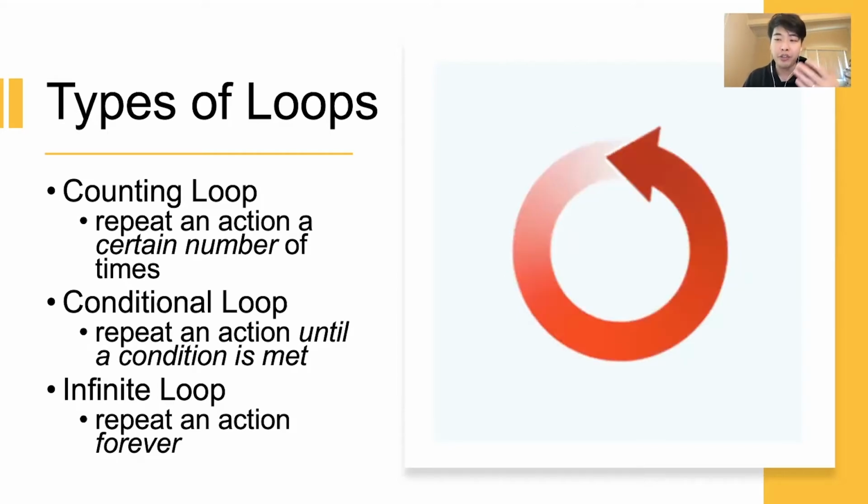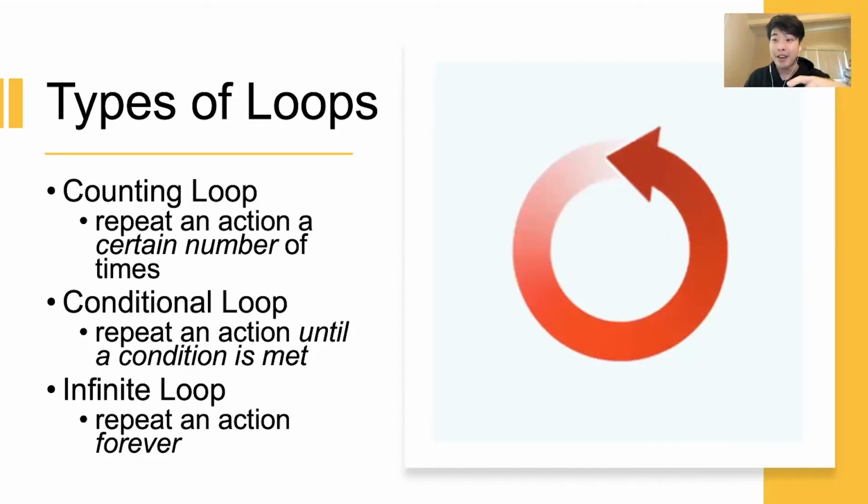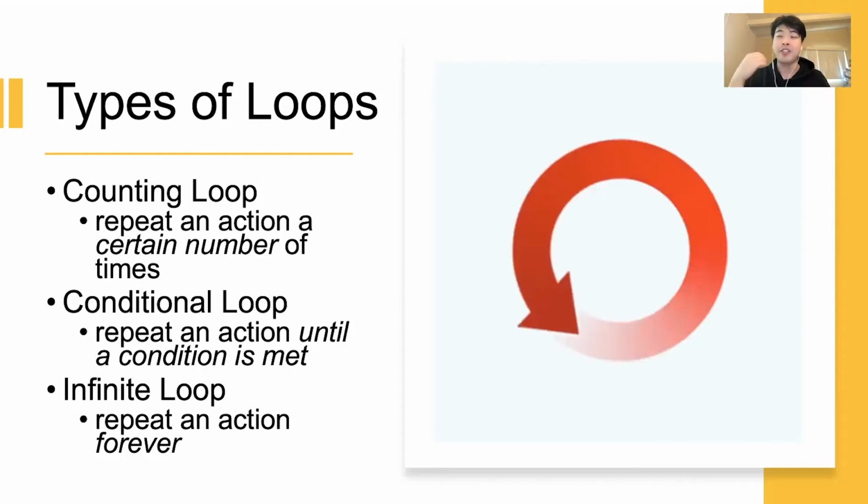So if you want to tell your computer, hey, do certain things a certain number of times, that means you have to know how many times you want to repeat. For example, I want the computer to breathe 3 times. Then you repeat that, breathe in, breathe out, how many times? 3 times, right? So we've been using counting loop, okay? So whenever we say repeat 10 times, then the computer repeats how many times? 10 times, okay? So that's counting loop.